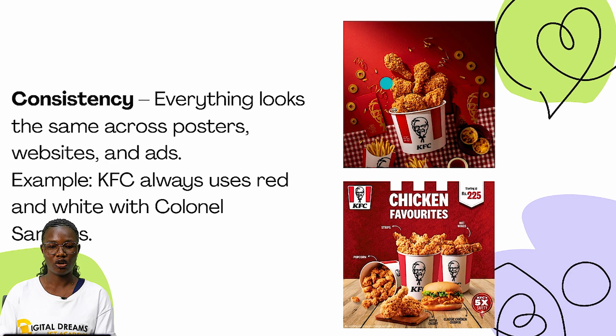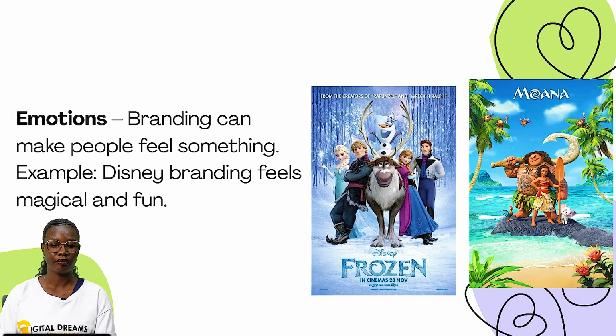The brand color is red, and then the type of chicken that is here, that's the picture. This red is their brand color, along with white. You can see red and white in this design, the same thing with this particular one. So branding helps to create consistency.